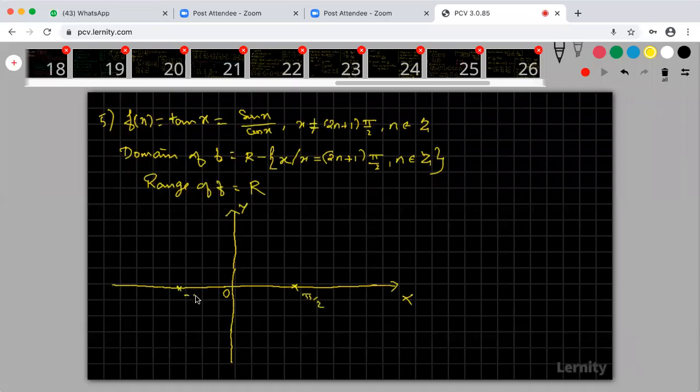This is minus pi by 2. So the graph of this tan x function is coming like that.